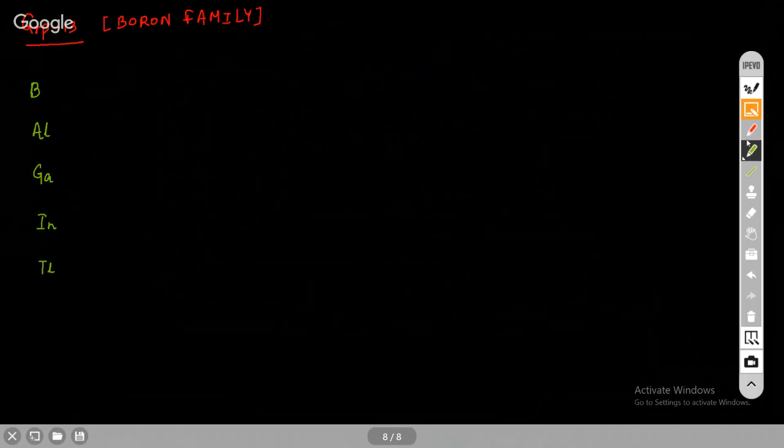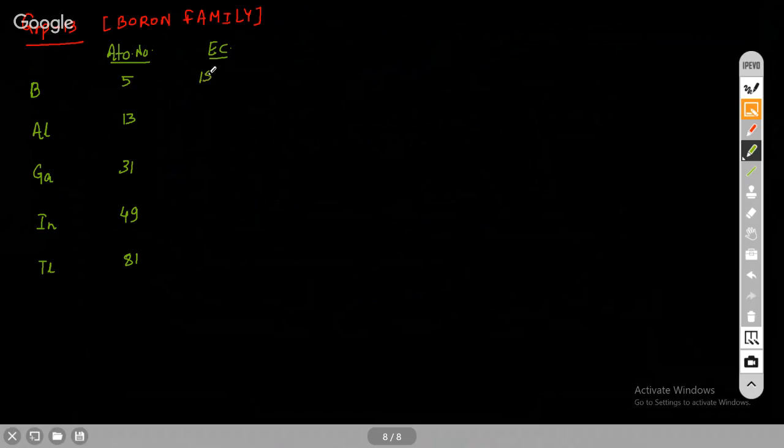Atomic numbers: for boron it is 5, then we add 8, so it is 13, then 18, so 31, 49, and then 81. 8, 18, 18, 32 are what we call the magic numbers.